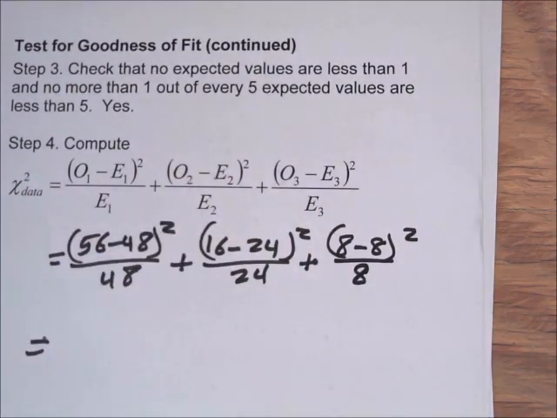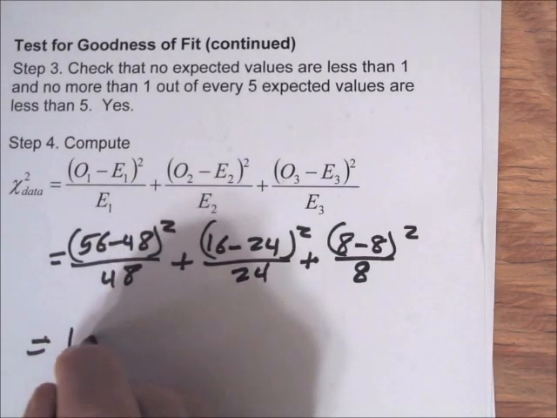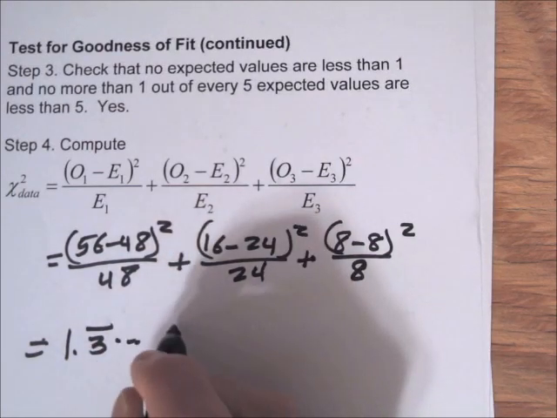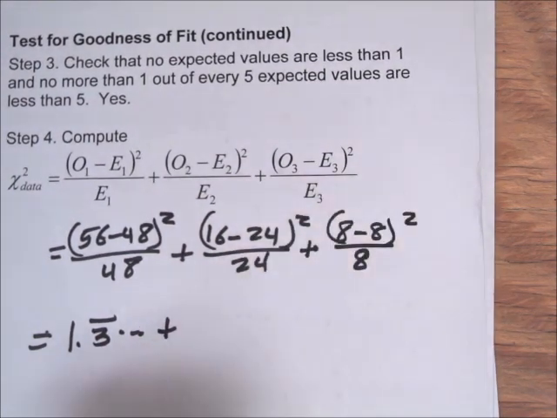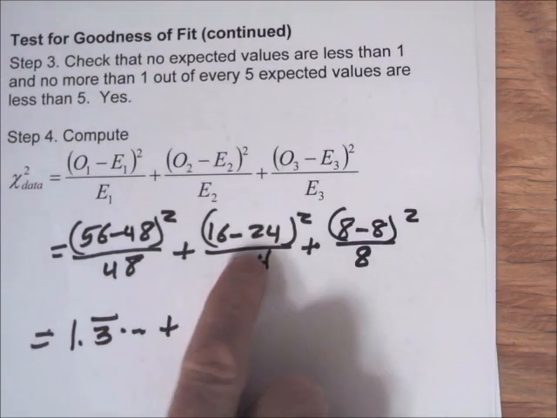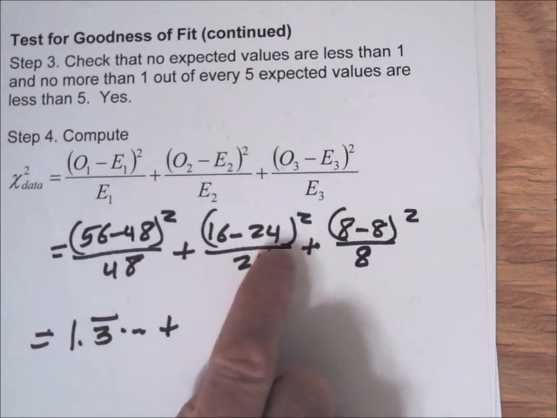Okay, so this is going to be 56 minus 48 is 8. 8 squared is 64. 64 divided by 48 is 1.3 and repeating 3's. I'll just put a bar over 3 to indicate repeating 3's. This will be 16 minus 24, which is negative 8.